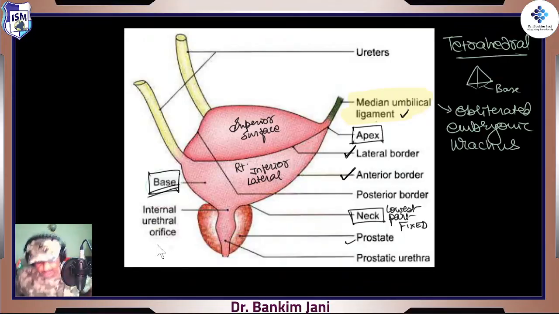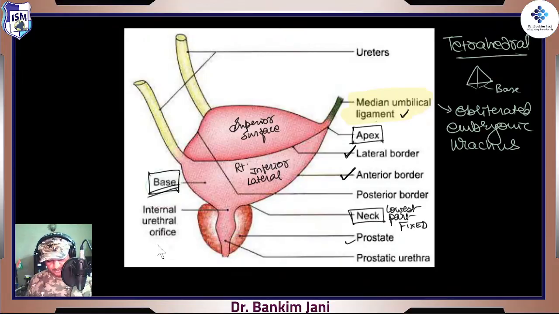And then there starts the urethra. Now, in case of females, the urethra is very small. So whenever catheterization is needed, it is very fast and very easy. But in case of male, there are so many chances of complication because the entire anatomy is relatively a bit complex.